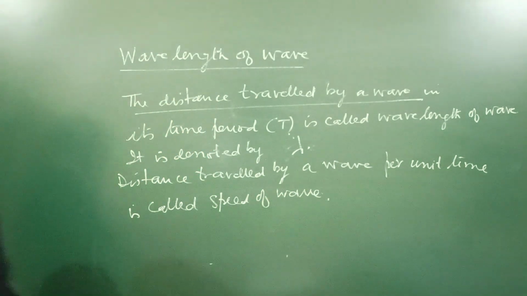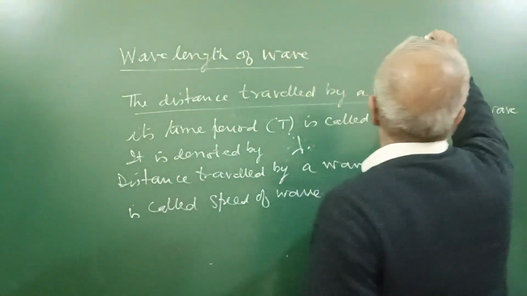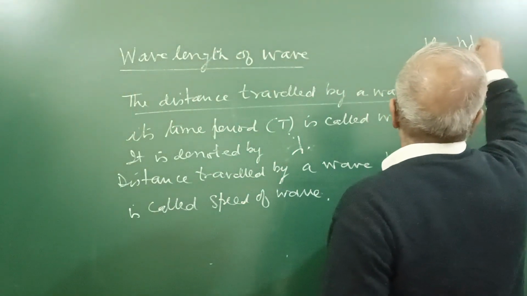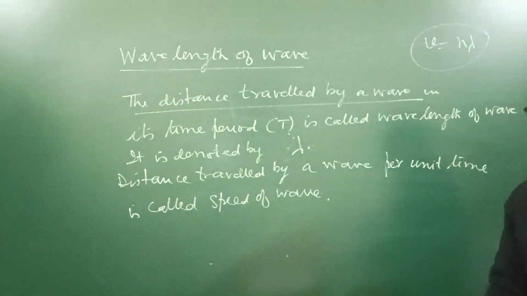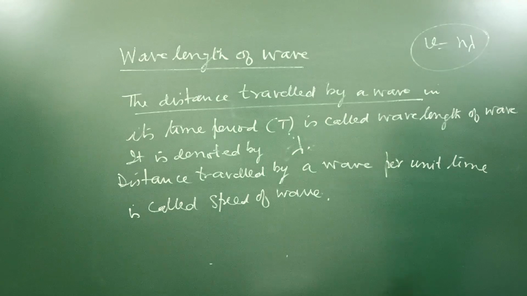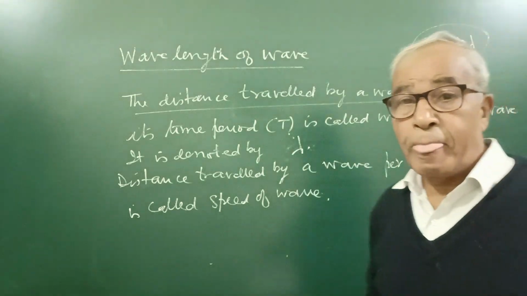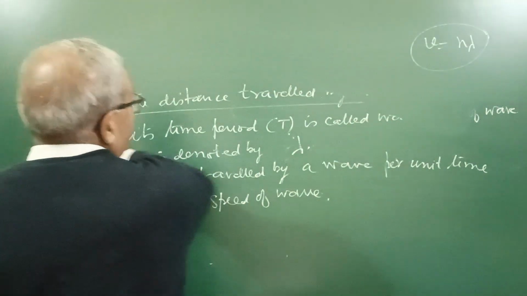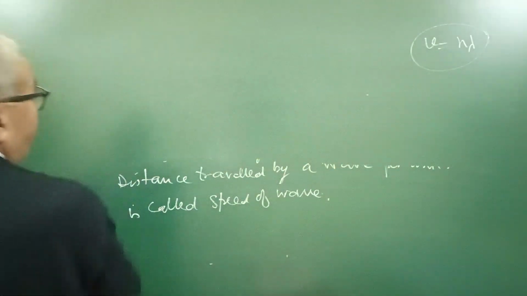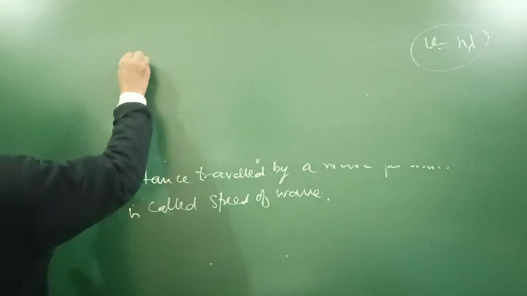When I ask how do you get v equal to n lambda, students get confused. What is v equal to n lambda? Where did the relation come from?